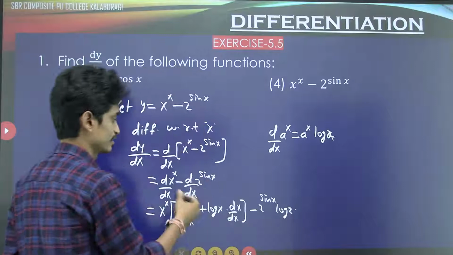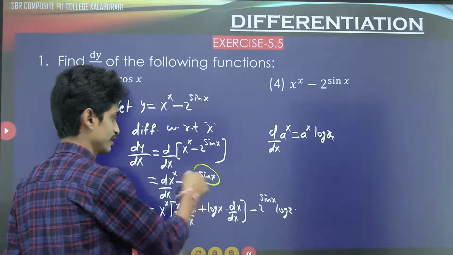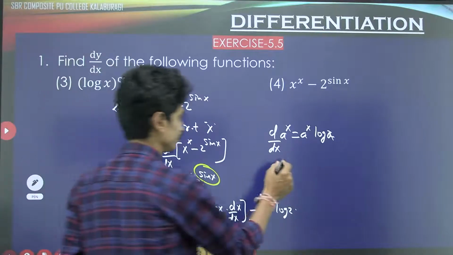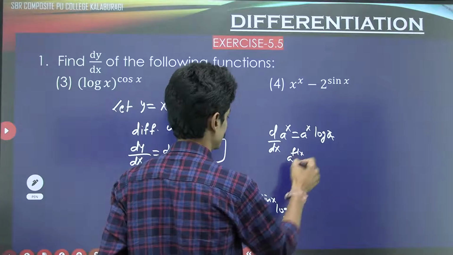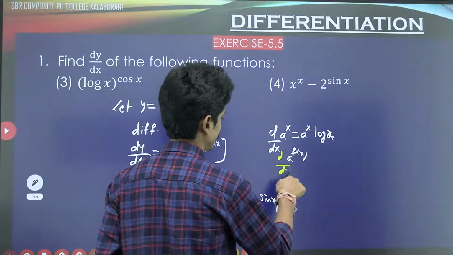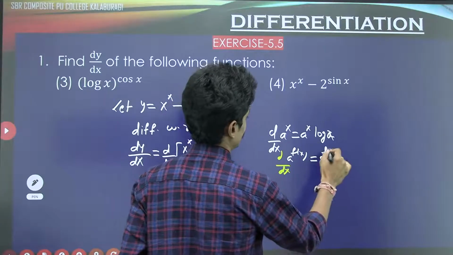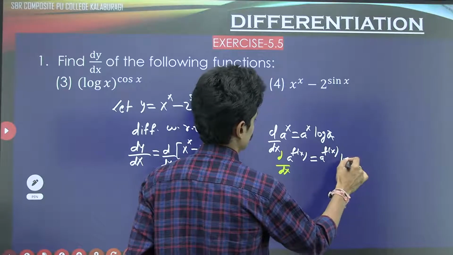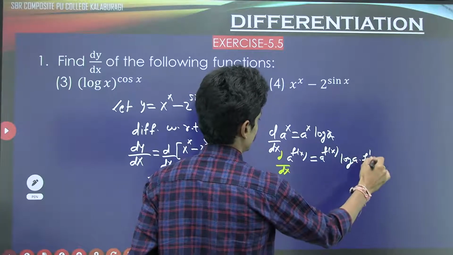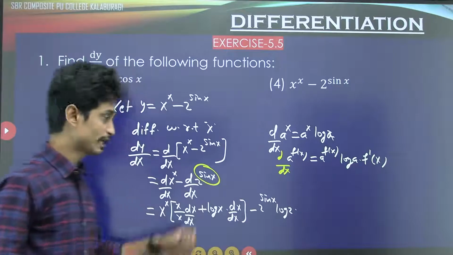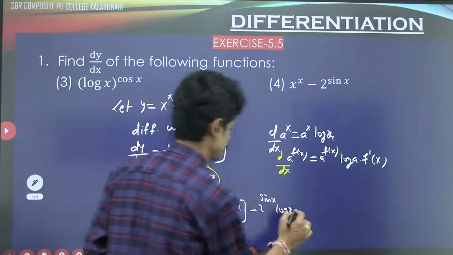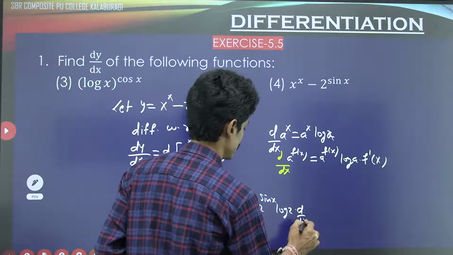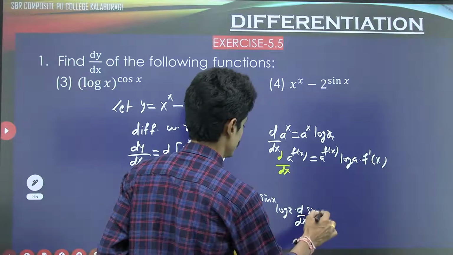But here x is not there, just observe, this is of the form a power f of x. Then what is the derivative of a power f of x? It is a power f of x into log a into f dash of x. So the derivative of that function is also required, so I write d divided by dx of sin x.